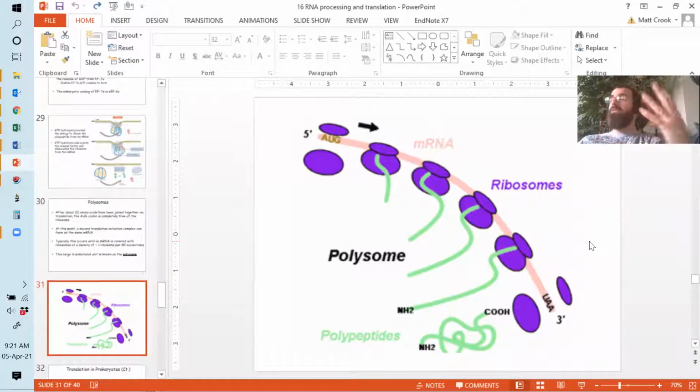Even if it happens in a relatively short span of time, at a cellular level, it still takes time. So once that mRNA gets out there, you want to make the most of it and make as much protein as you can, particularly if that's a protein that you need right now. A polysome is a very effective way of doing that.